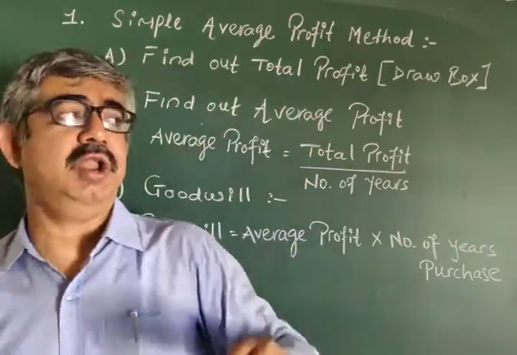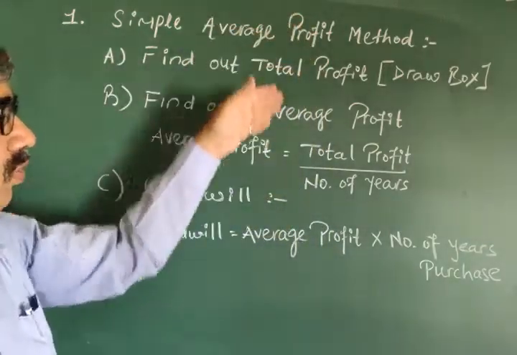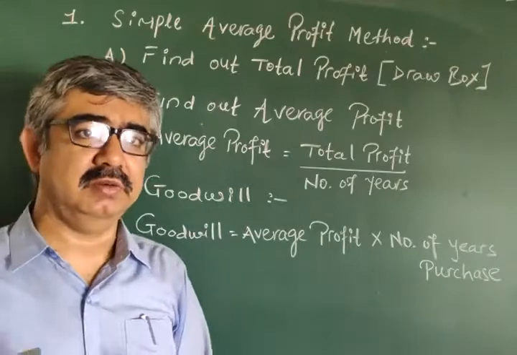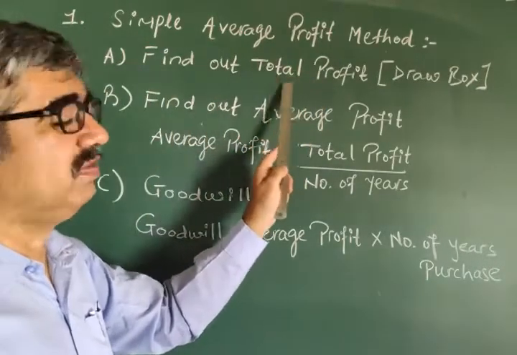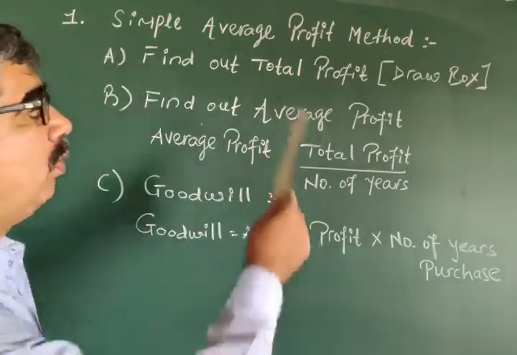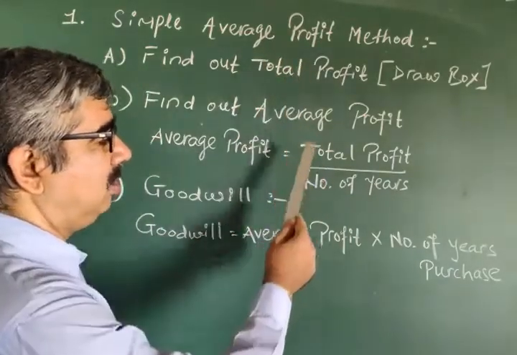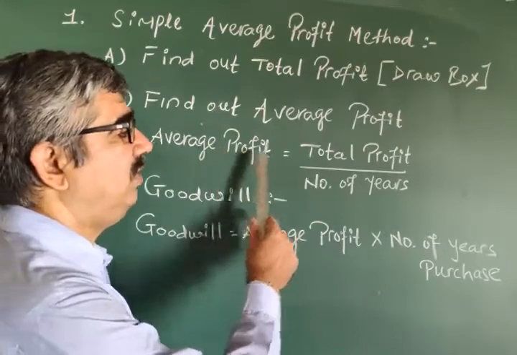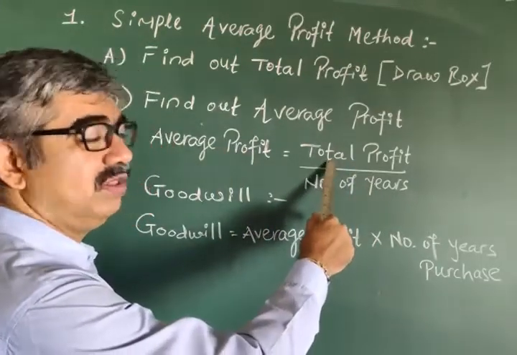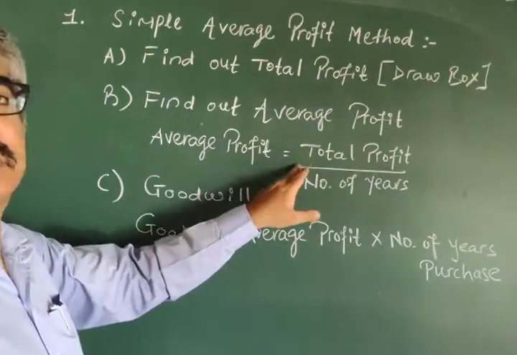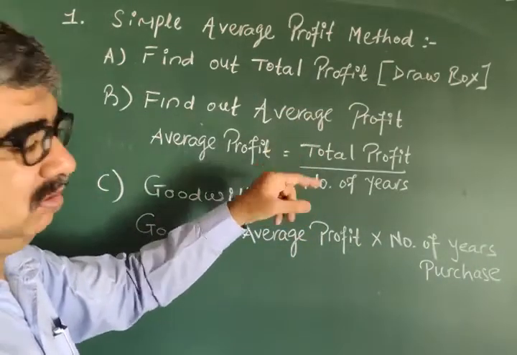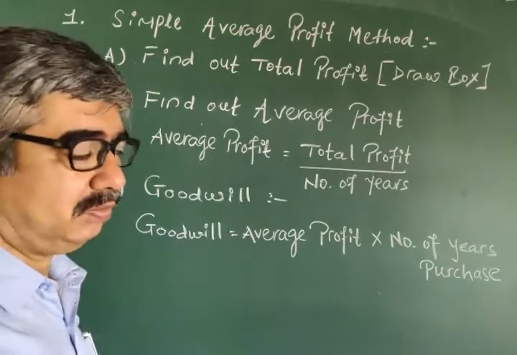Good. No need to cram this, no need to remember this with tension. It's very, very simple. First of all, you have to find total profit. Without this step you can't move forward, because if you write the formula, you need this. If you forget this step, this particular thing gives you a reminder.